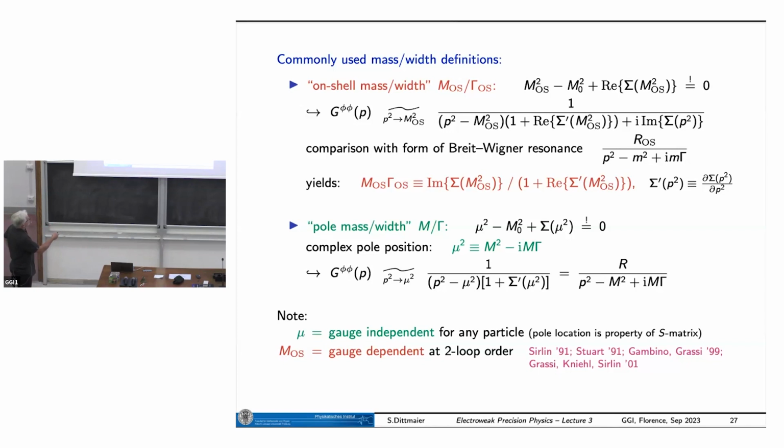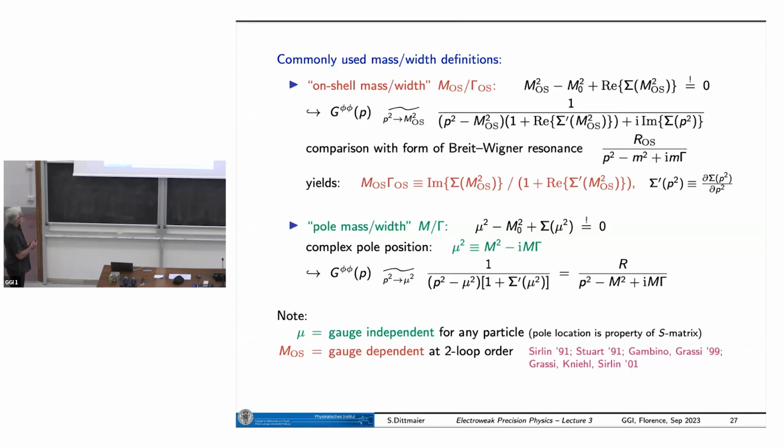And if you just divide out this factor here, you basically put it here in the denominator, you can make the identification that mass times width in the on-shell scheme is the imaginary part at the pole location, at least next to linear order here, divided by this wave function normalization. So everything looks fine, and you even have one way, for example, to identify the width. So that's one way of doing it.